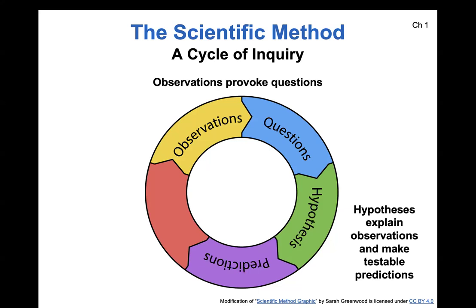Now, that question gets formalized as a hypothesis. The difference between just a question and a hypothesis is that the hypothesis is a testable statement. So saying, why do birds fly, is not a hypothesis, but it is a question.